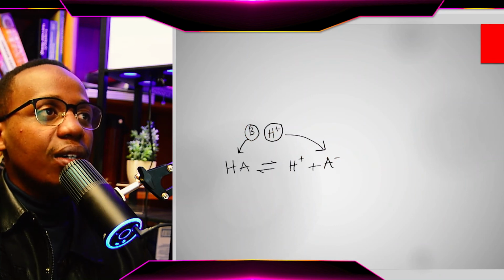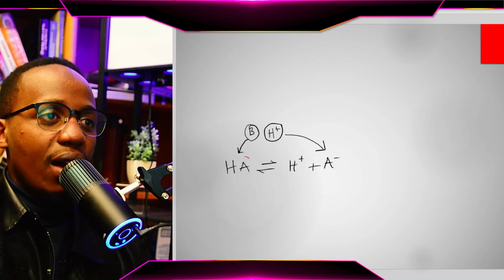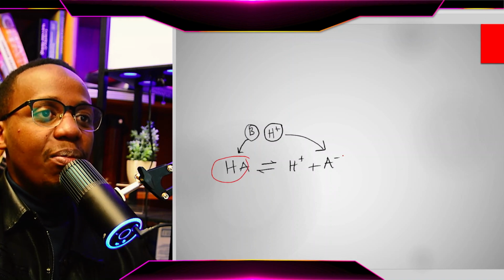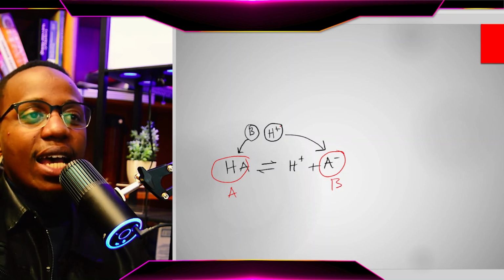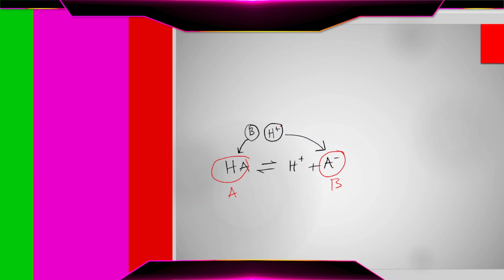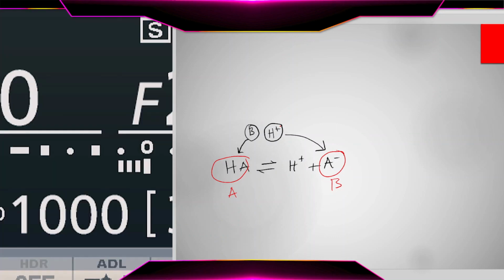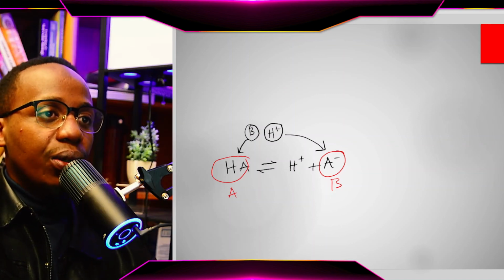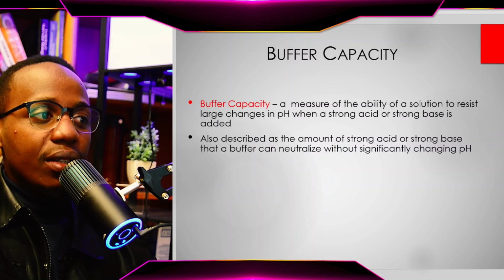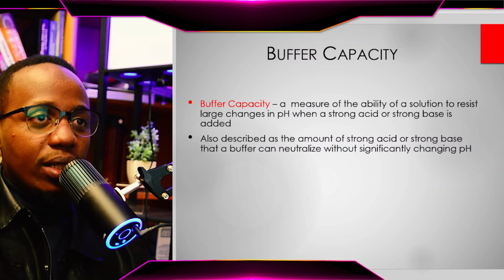You have two entities, an acid entity and a basic entity, and the acid will take care of any added base, and the base will take care of any added acid. That's how we resist changes to the pH when we have a buffer. But it doesn't work completely. It's not perfect.